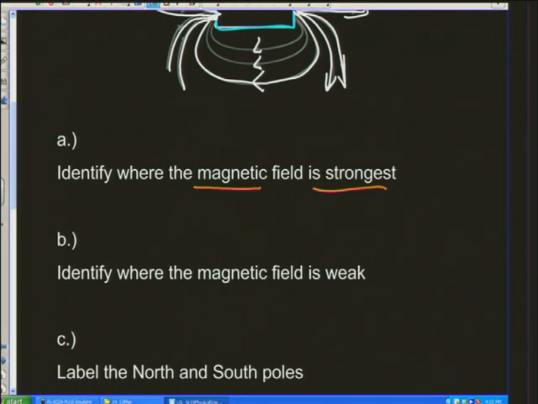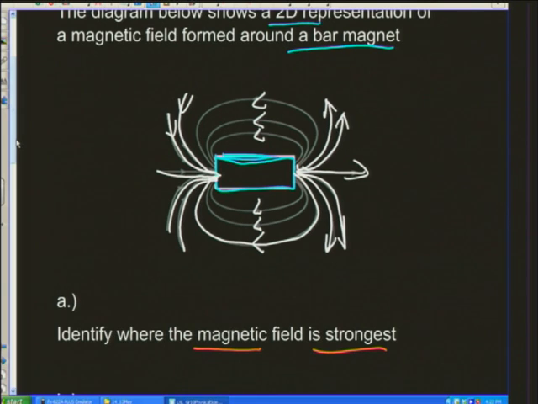Now, what we need to recognize is that the picture that we draw here with these field lines gives us a very good indication of where the magnet is strongest. And even from our little experiment, you should recognize that at the ends of the magnet, we call those poles, those areas are the strongest areas.